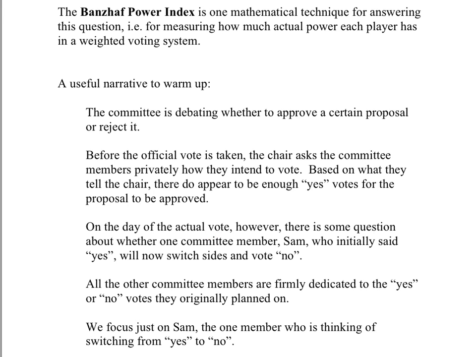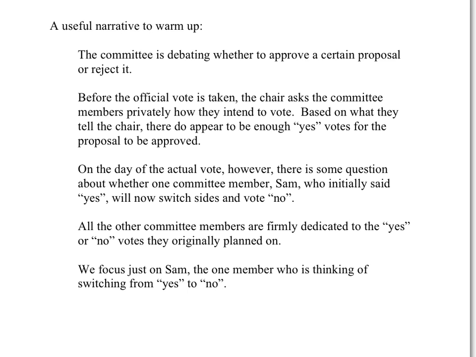Well, then there's some question about whether one particular committee member, whom we'll call Sam, who initially said yes, will Sam now switch sides and vote no? Now, in this narrative, all the other committee members are firmly dedicated to their original yes positions or their original no positions. The only doubt is about Sam. And Sam is thinking about switching sides.